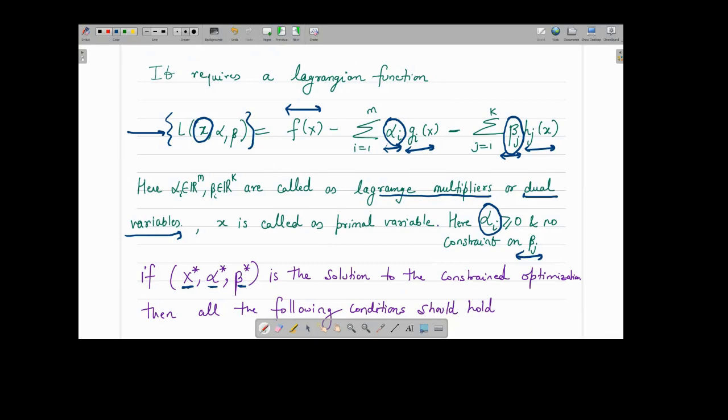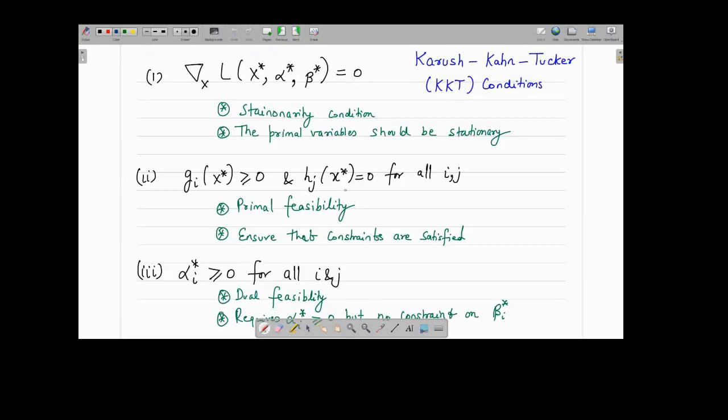Okay. So if the solutions that you are getting are x star, alpha star, and beta star, then these are the four conditions which we will be calling the KKT conditions, or Karush-Kuhn-Tucker conditions. These are the conditions which the solution of this particular optimization has to satisfy. So what are these conditions?